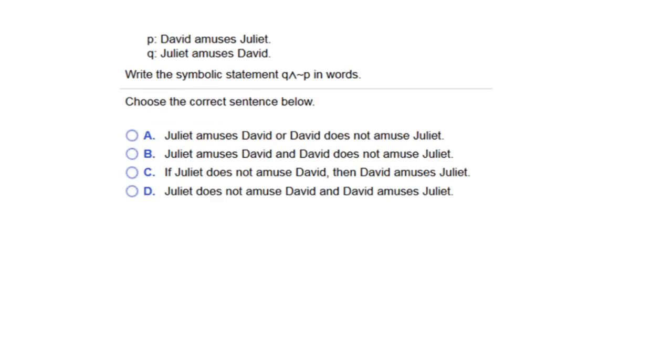The letter P represents David amuses Juliet, and Q represents Juliet amuses David. Write the symbolic statement Q and not P in words. Let me rewrite that a little bigger here. Q and not P. So let's write this into words. Q is Juliet amuses David.